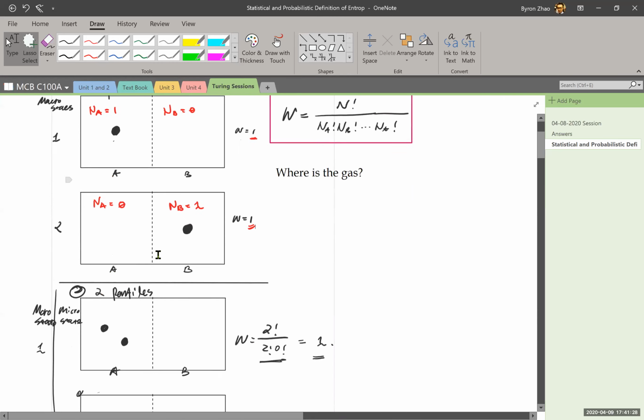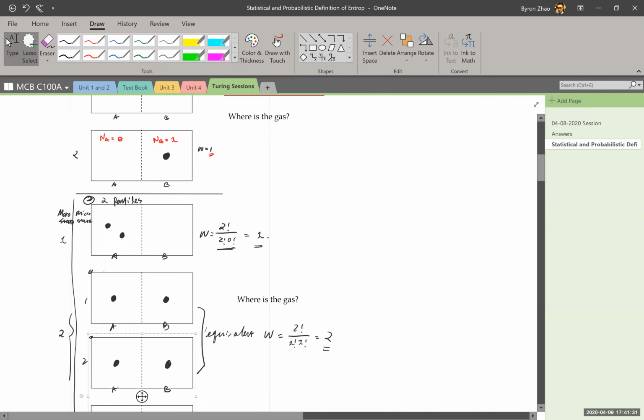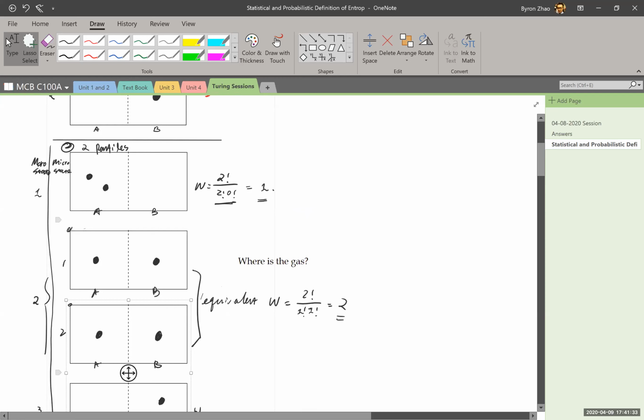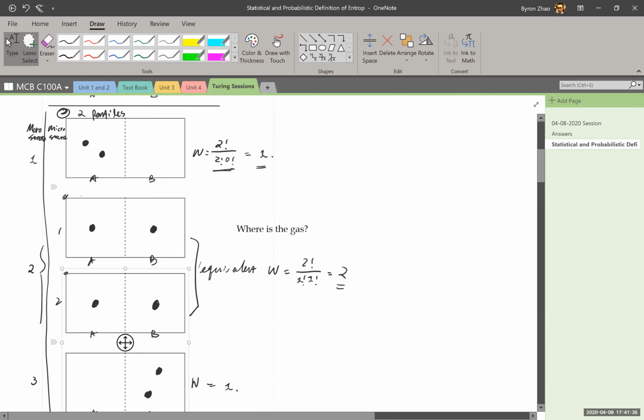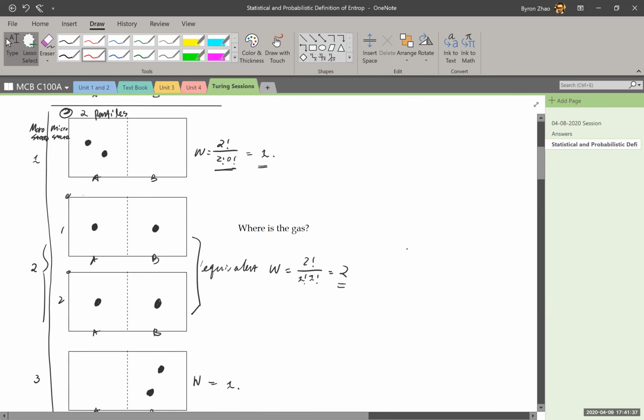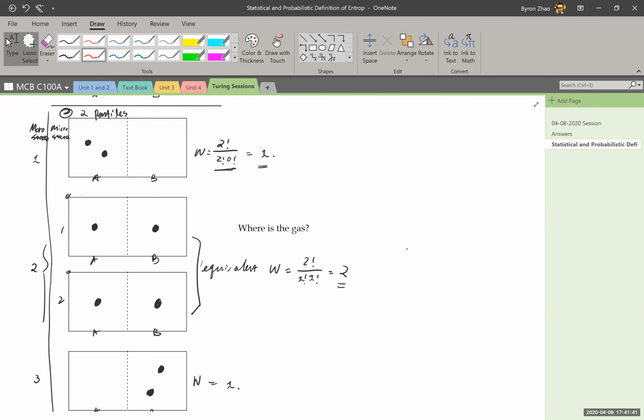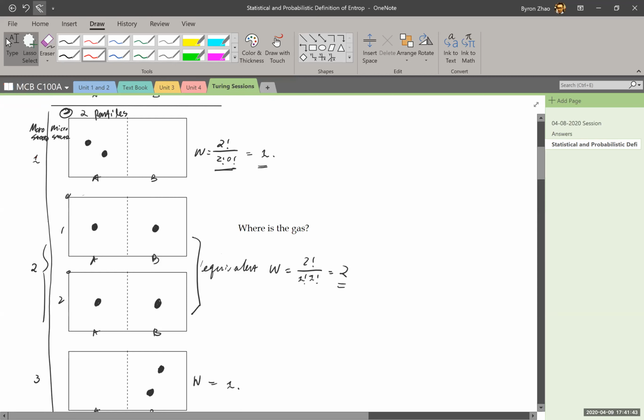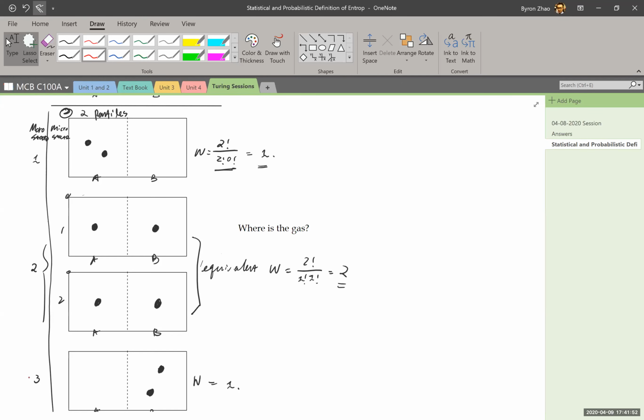So what if we increase the number of particles that we have? We still have the same box, but now let's consider 2 particles. In this case, we will get 3 different macro states. However, now one of the macro states is more likely to happen than the other 2.